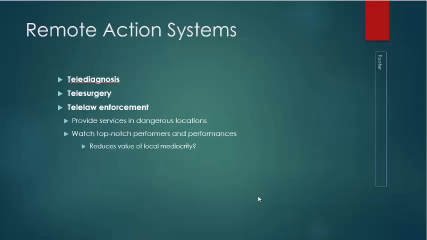Some things that you're seeing that make all this possible, like telediagnosis, telesurgery, tele-law enforcement, and so on, are having all that information and data in the cloud. People can then access that data and use it in different remote locations.